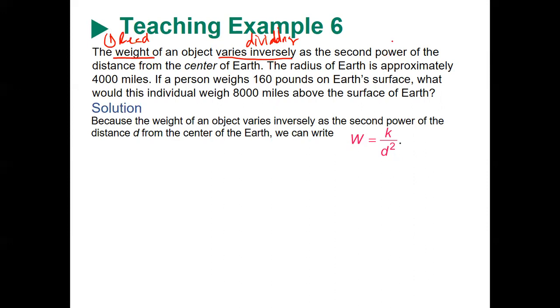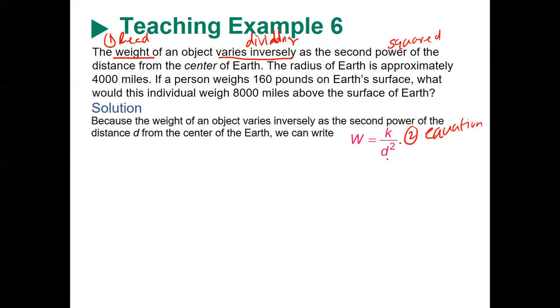Second power just means squared. Does that make sense? So it's squared, and that's how we end up with our equation here. So the weight varies inversely, so there's a K divided by the variable. Questions about creating the equation?